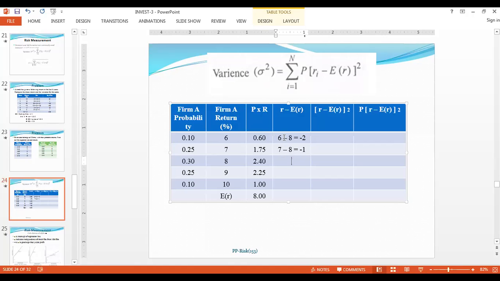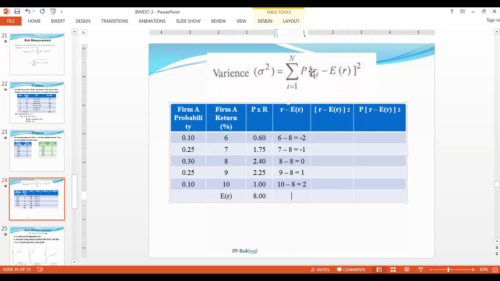Next, 8 minus 8 is 0. Next, 9 minus 8 is 1. Next, 10 minus 8 is 2. Clear? So this column is minus 2, minus 1, 0, plus 1, plus 2. These are the answers that I have got.